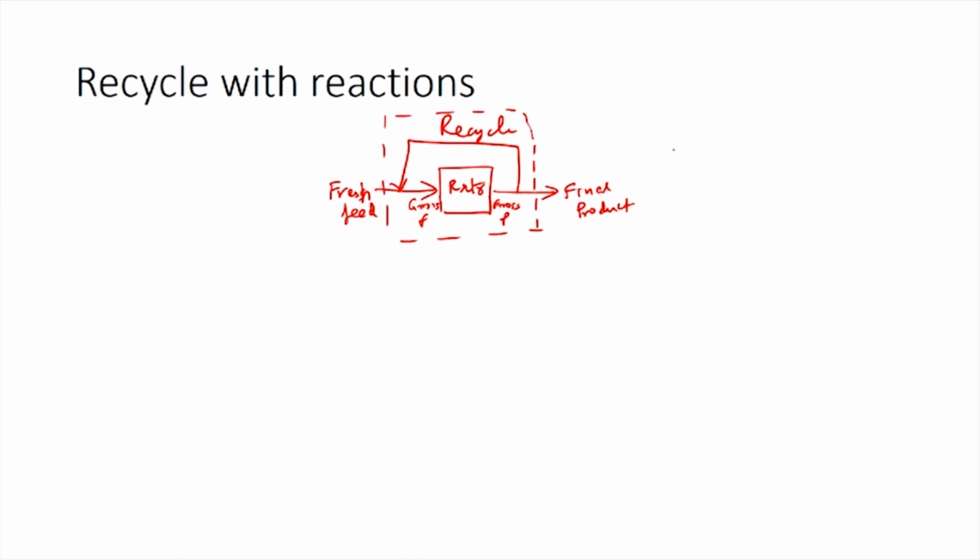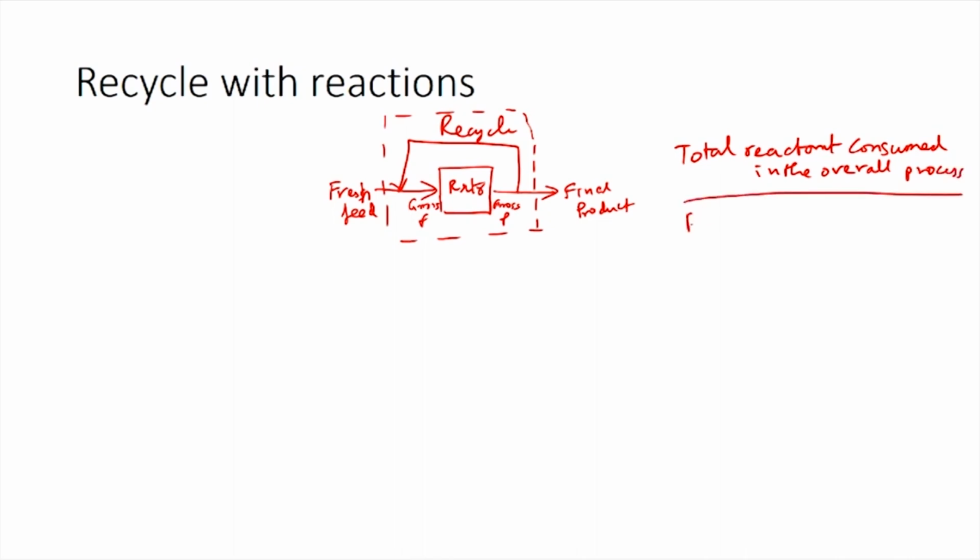So, this would be total reactants consumed in the overall process divided by reactant fed through fresh feed. So, this is the overall fraction conversion.